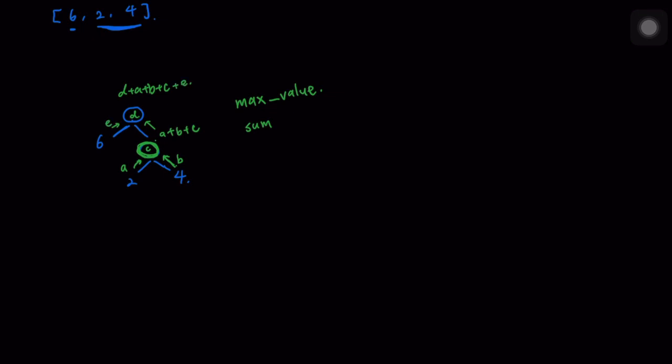Then this is the sum of the values of the tree, and we want to find out how we can make the sum as small as possible. So we can have a recursion function, and for each node will return the maximum value and the sum to its parent.